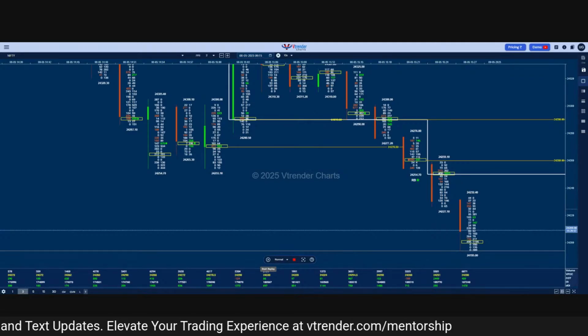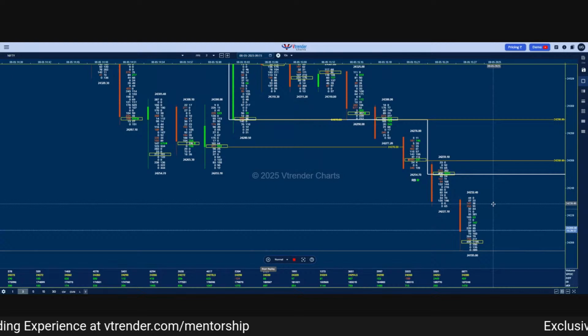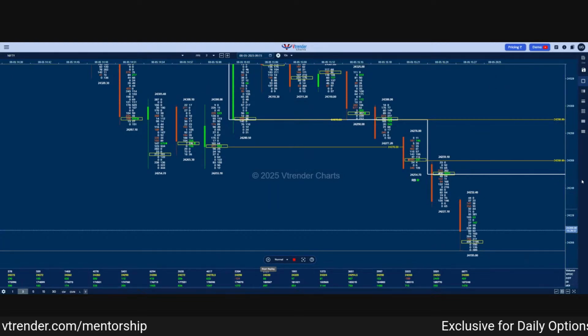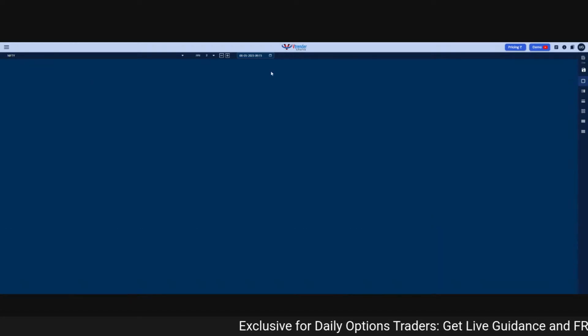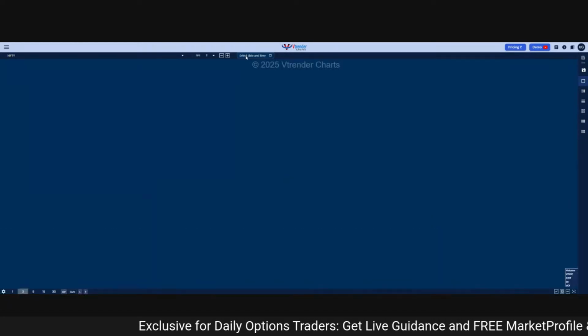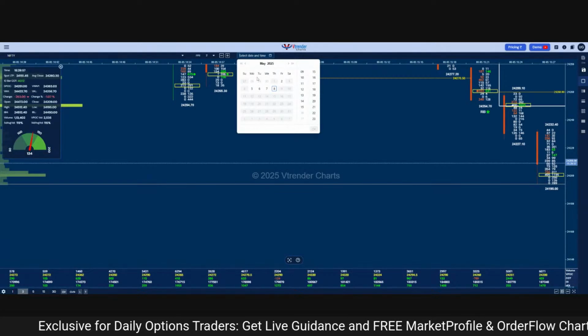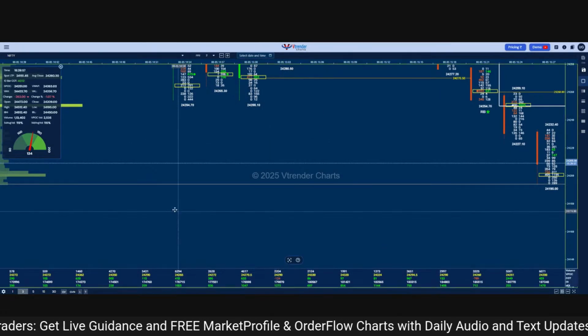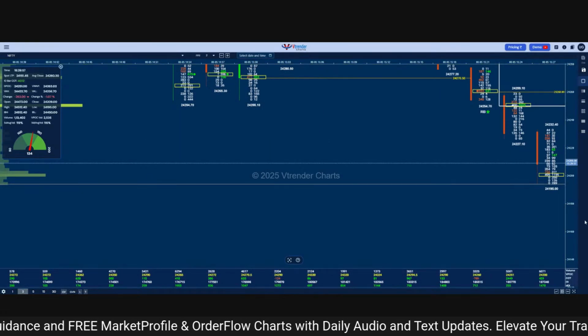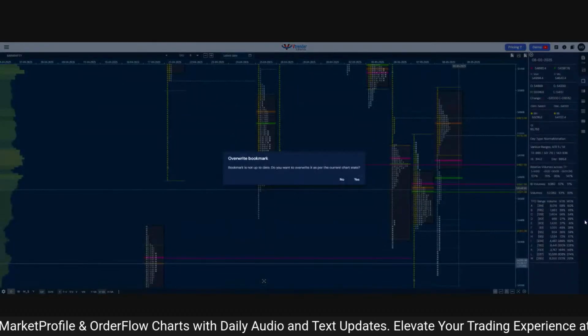Once we broke the value area low, we got sellers. So that is how we had the order flow for today, and you can do the review of any day's order flow. You select the day, go back to the day and time, and you can replay in whichever speed you want. So this was as far as the order flow of Nifty futures was concerned.